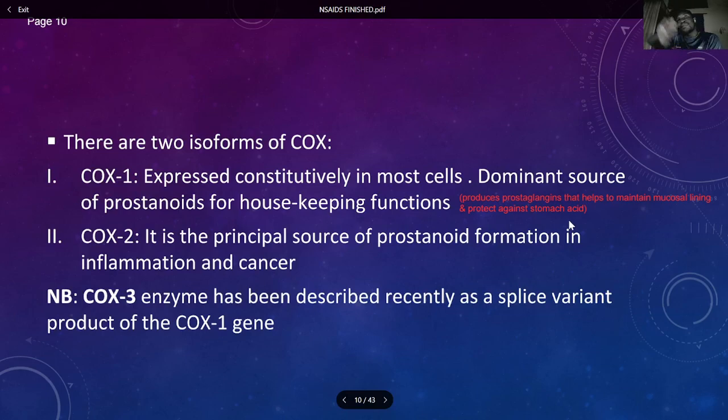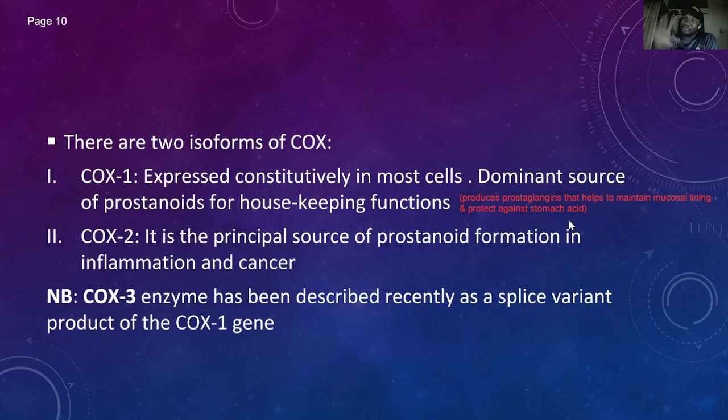The cells that make up the stomach produce prostaglandin, and prostaglandin helps to maintain the mucosal lining, right? So it prevents direct contact between the gastric acid and the epithelial lining of the stomach to prevent its damage. Now, COX-2 is the principal source of prostanoid formation in inflammation and in cancer.